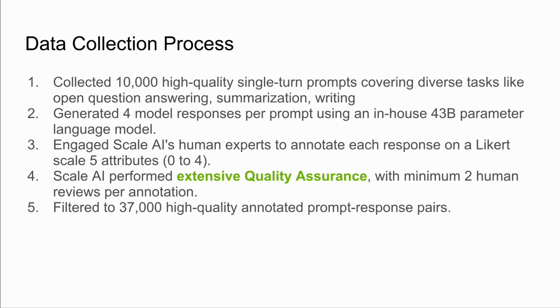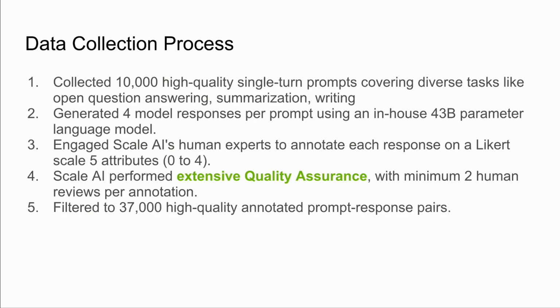So we collected this dataset by first curating 10,000 singleton prompts from diverse tasks. We first got this task distribution from the InstructGPT paper, where I think they have about 10 tasks that they were mostly interested in. And we generated 4 model responses per prompt using an in-house 43 billion model.